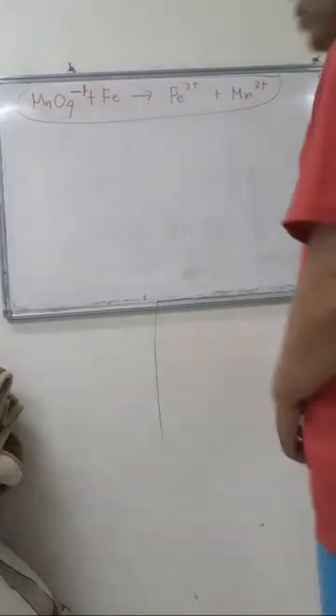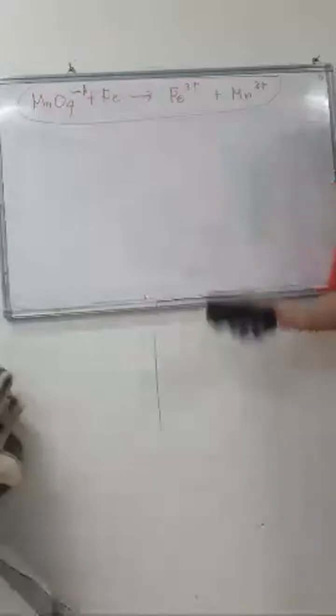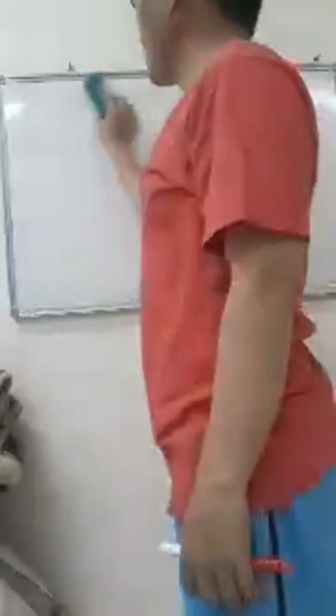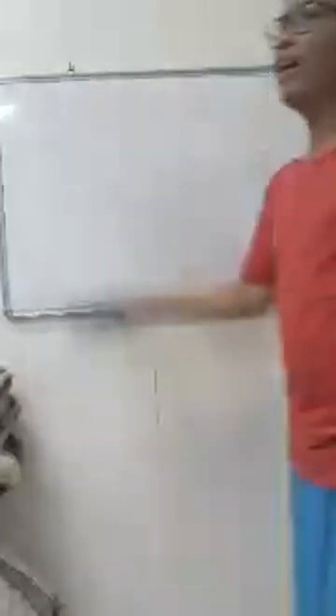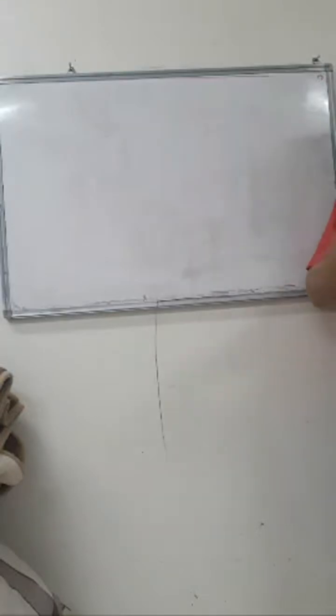Class, we go to balancing redox in basic solution. So, the same thing that you do with the balancing of redox in acidic solution. But the only difference here is that you need to add water in the compounds that have more oxygen, the reverse of acidic solution.